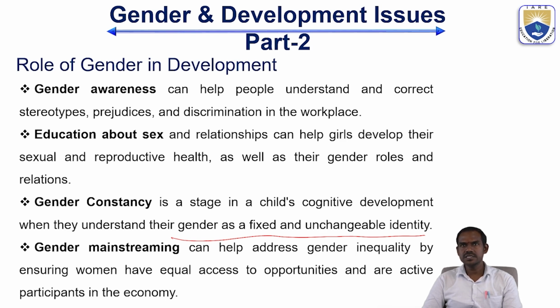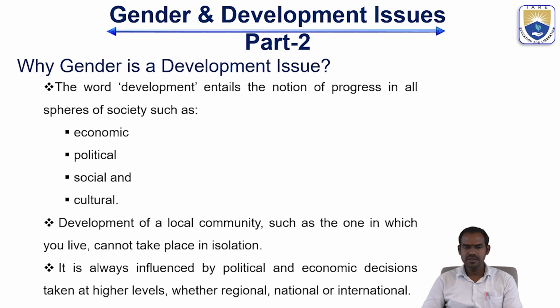Now let's look at the next content. Why gender is a development issue. Let's look at this. The word development entails the notion of progress in all spheres of society, such as economic sphere, political sphere, social sphere, and cultural sphere.